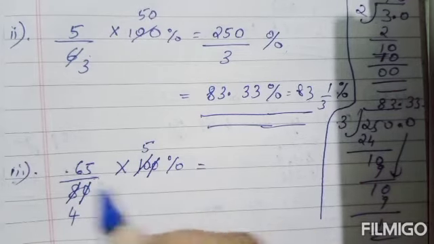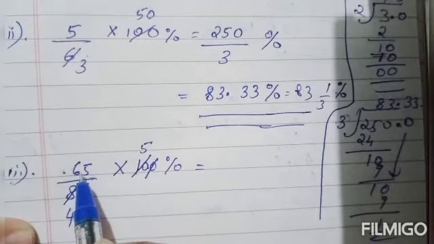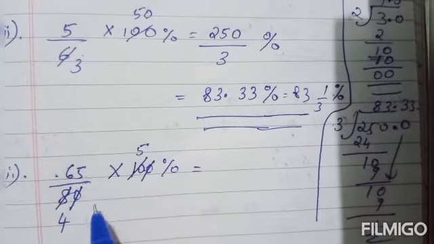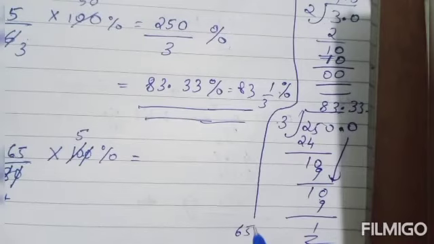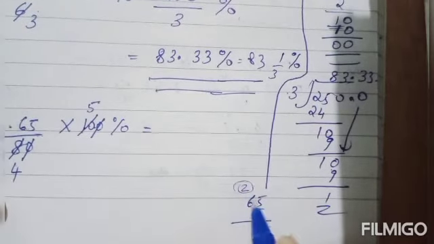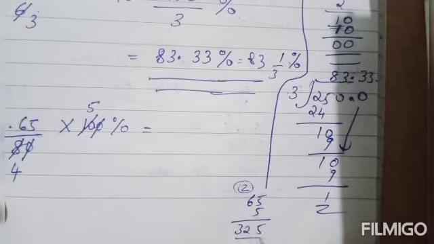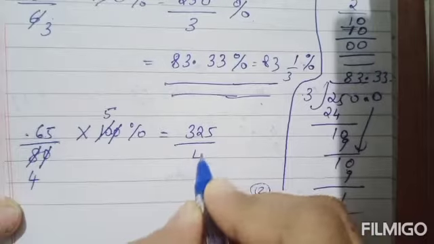So you will get 65 by 4 into 5. First, product of numerator by product of denominator. 65 into 5, what will you get? 5 into 5 is 25, 6 into 5 is 30 plus 2, 325 by 4.